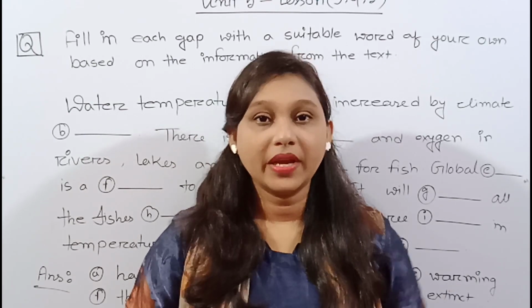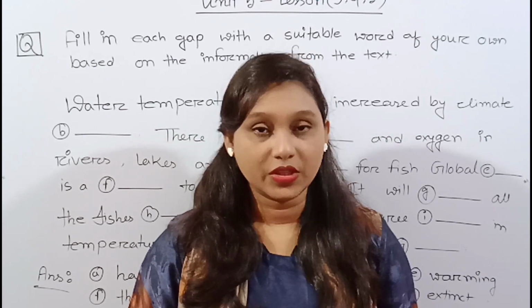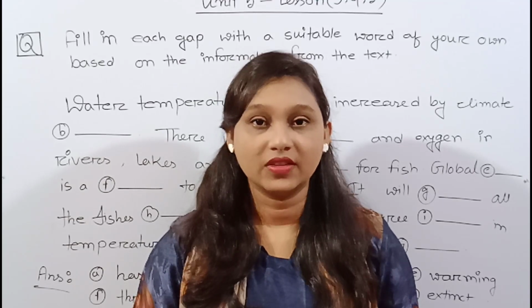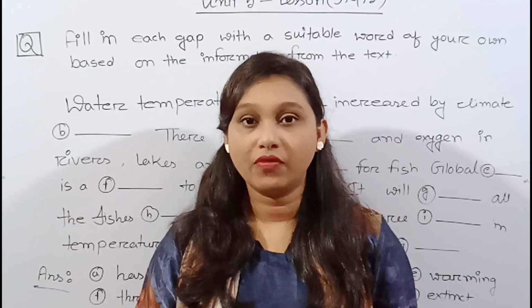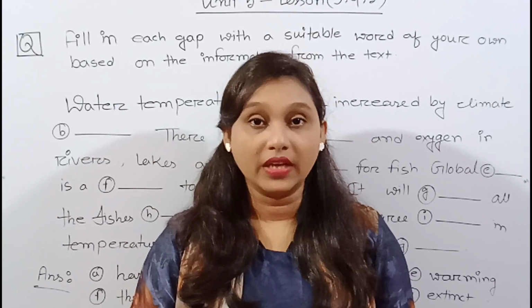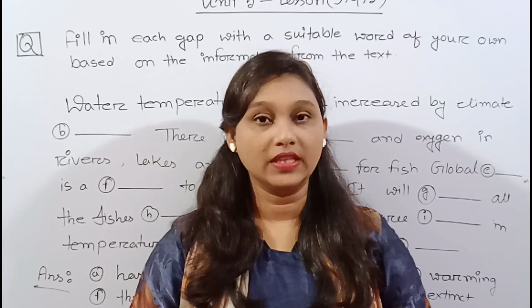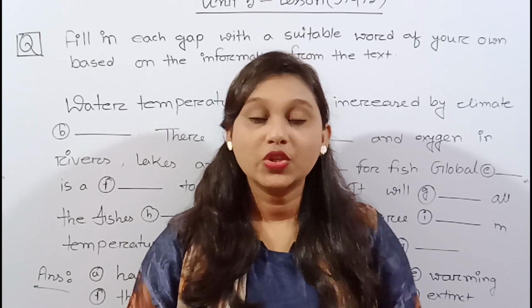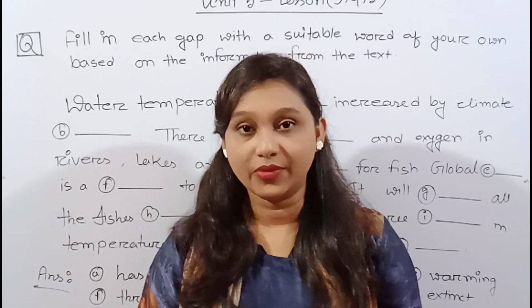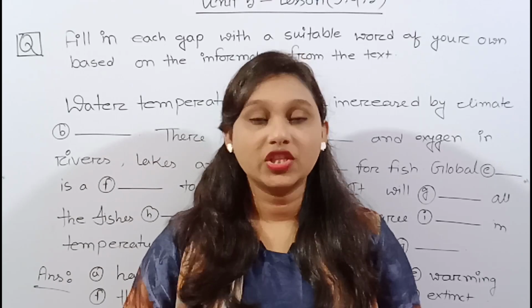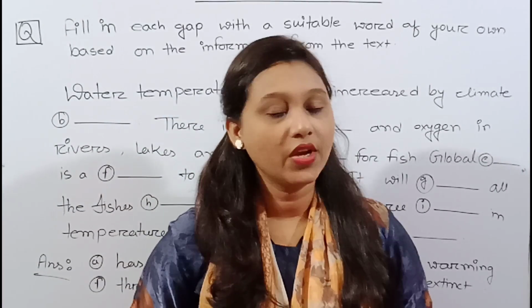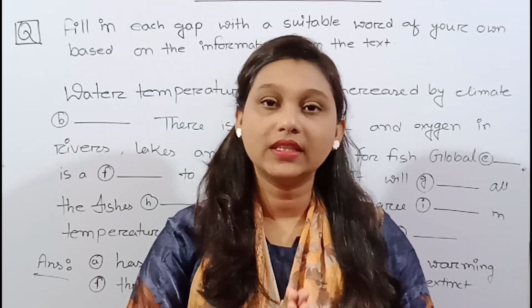As I already mentioned, we people are responsible for this. So we have to be very careful, because otherwise we won't be able to live on this earth happily. So this is all about this unit, climate change. And so, dear students, we have already completed lesson 3.